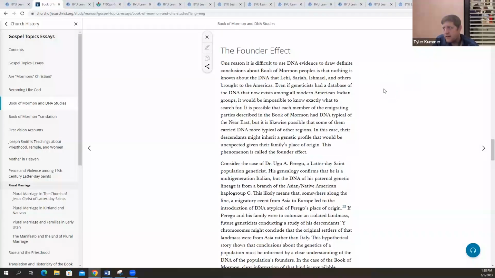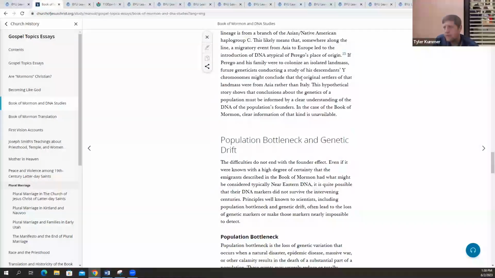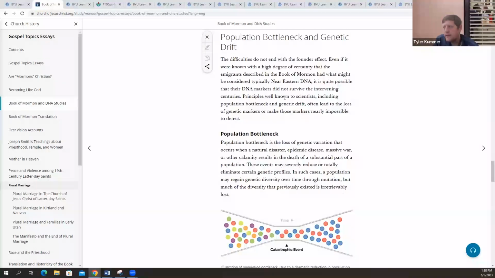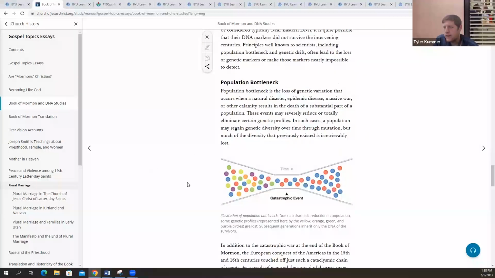And then we have in the Book of Mormon account significant accounts of bottleneck, right? And that's what this is showing here. We have all these different varieties in the DNA, but when there's a catastrophic event that kills off a large portion of the population, of which we have accounts in the Book of Mormon, we see that the genetic diversity becomes much, much lower. And by random chance, a lot of these different frequencies are eliminated.